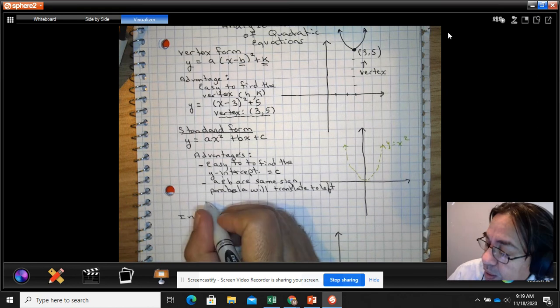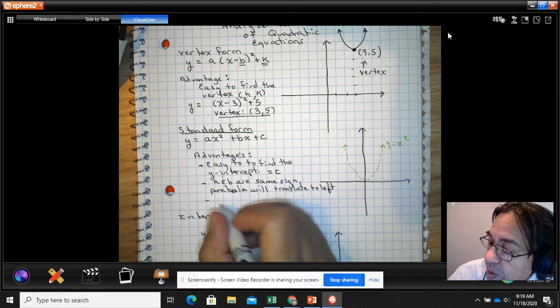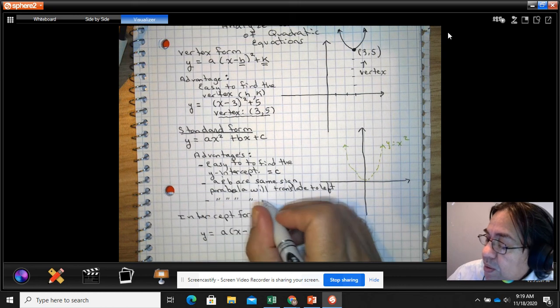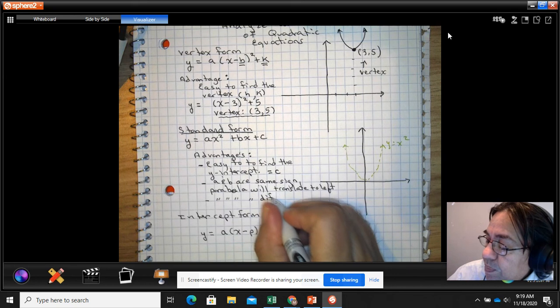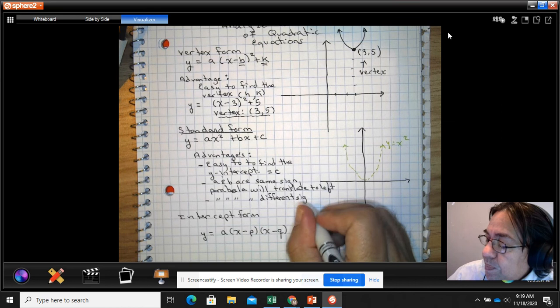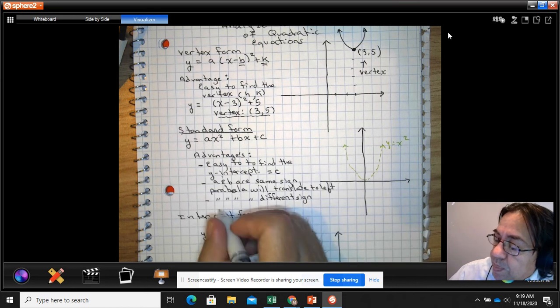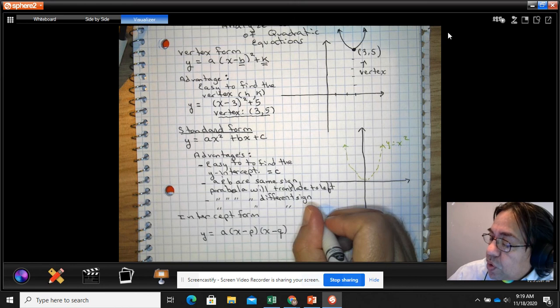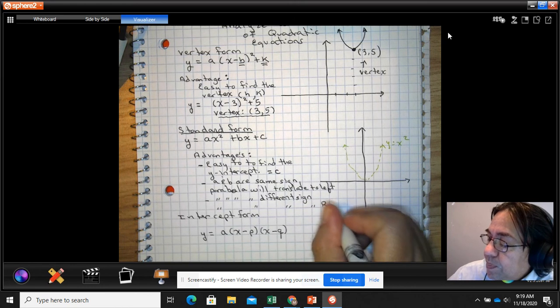If a and b are different signs, the parabola will translate to the right.